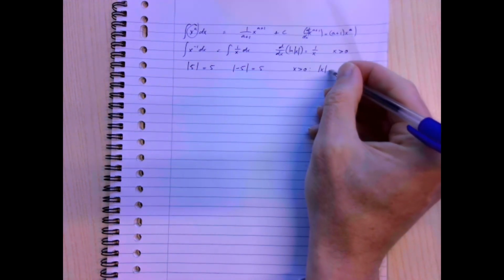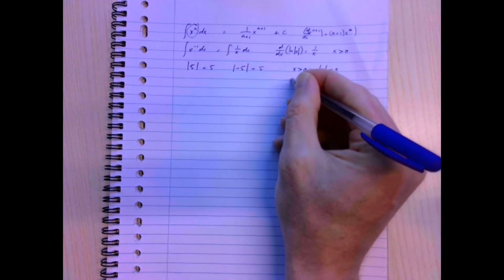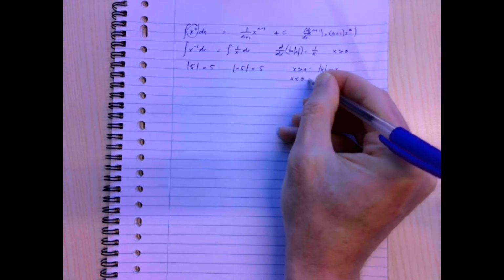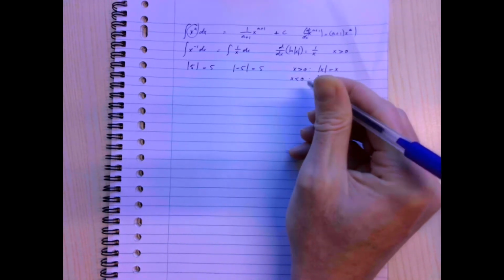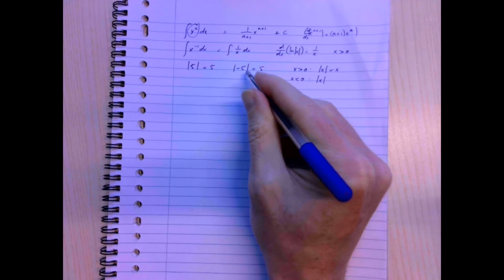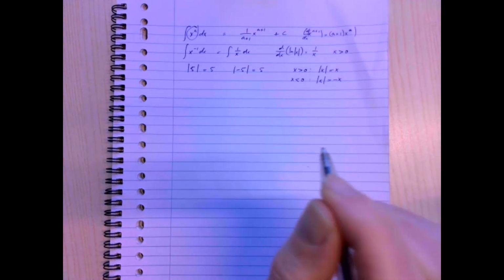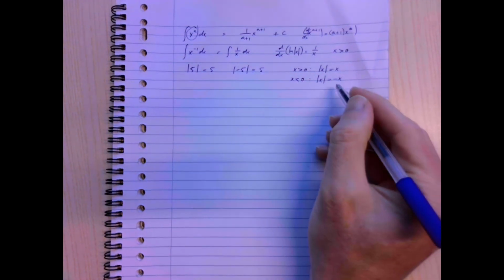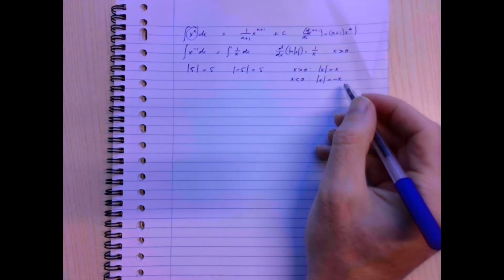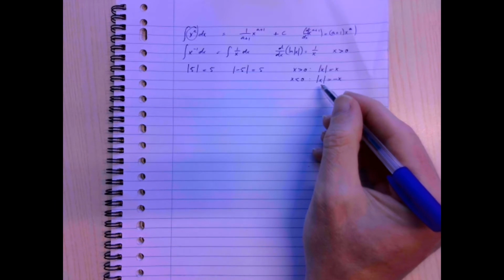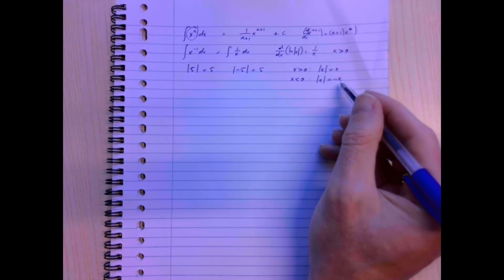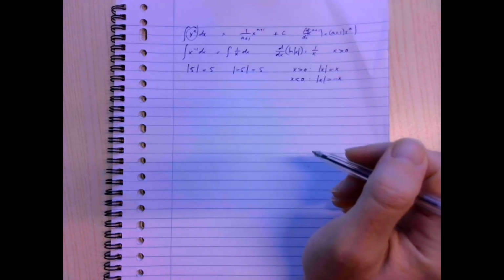The absolute value of x is going to be x. But if x is negative, then the absolute value of that negative x is going to be the positive one. Well, that's minus the negative one, right? So if x is negative, then minus x is again positive. So the absolute value of that negative number is actually minus x if x is a negative number.